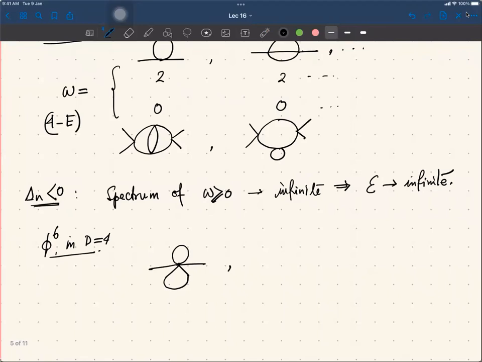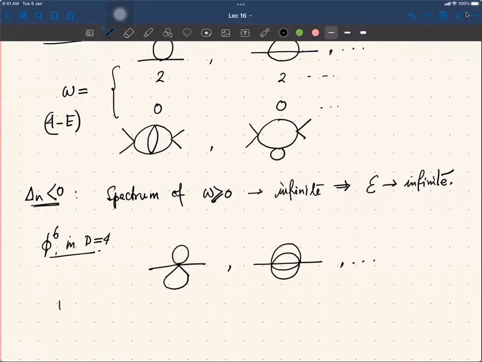Similarly, just like this one, you can draw an analogous graph here, and so on.